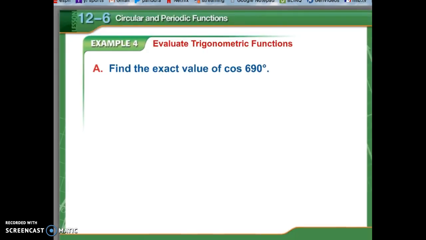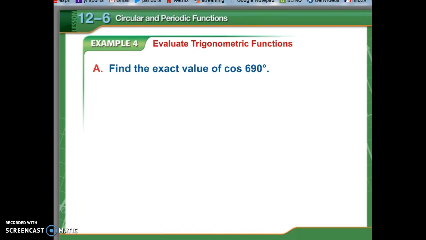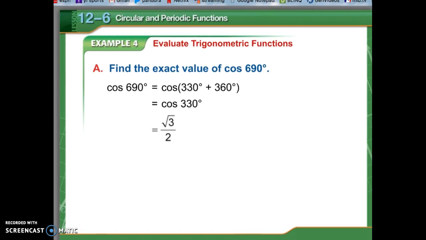Okay, example 4, we're going to be evaluating trig functions, and we've actually already done a little bit of this in class by looking at the unit circle already in Unit 4. But this one says that we need to find the exact value for the cosine of 690 degrees. The first thing you're going to want to do is notice the fact that it's more than a full circle. So you want to find the coterminal angle with 690.